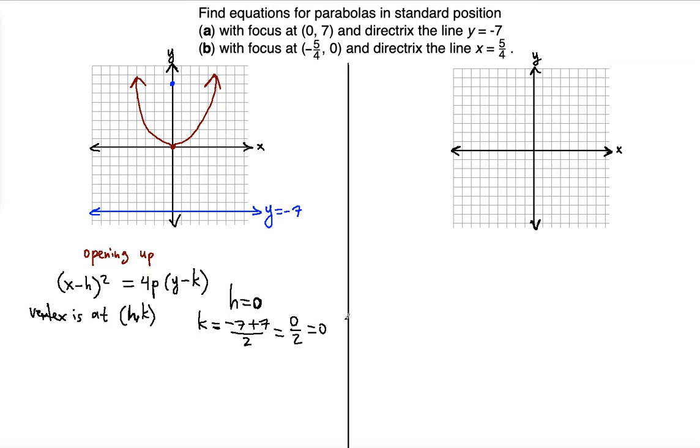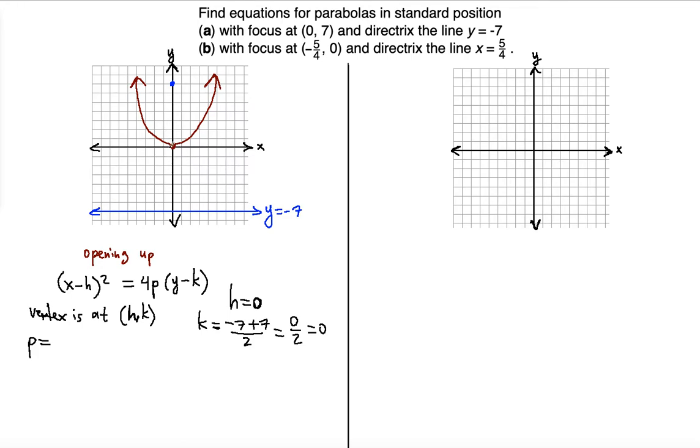Okay, so that's good. And now the p. Now the p is going to be the distance from the vertex to the focus. And notice that p is also the distance from the vertex to the directrix line. It's going to be the same.